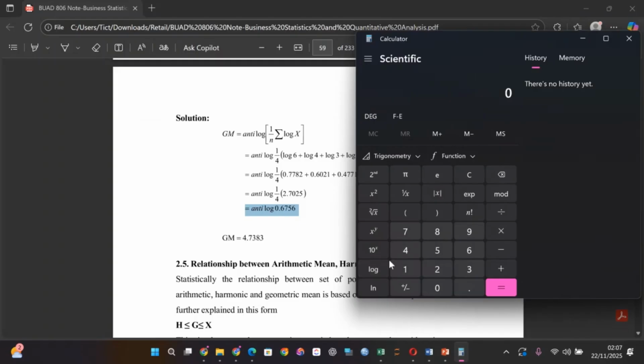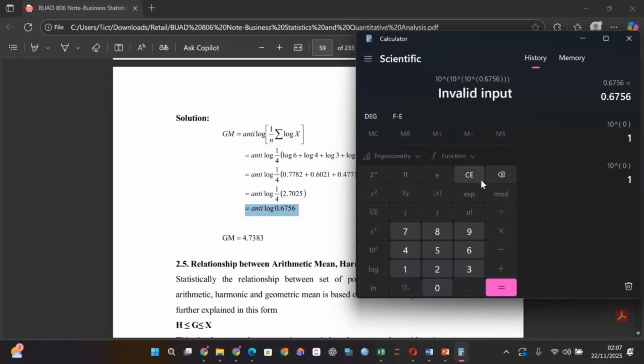If I do 10 raised to the power of 0.6756, this calculator is not scientific enough.